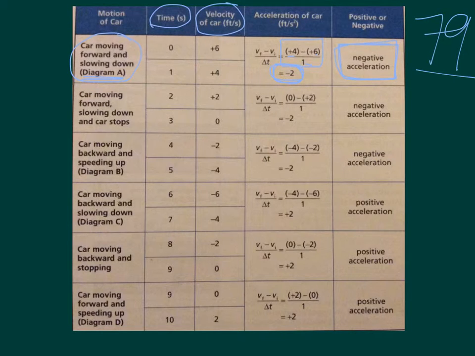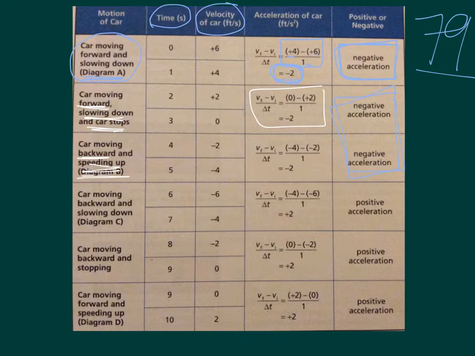In the next two examples, the car also has a negative acceleration. In the first, the car is moving forward and slowing down, coming to a stop. So the math is the same as in the previous example. In the next one, the car has changed direction, is going the opposite direction, and speeding up.